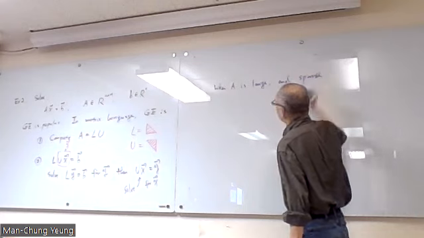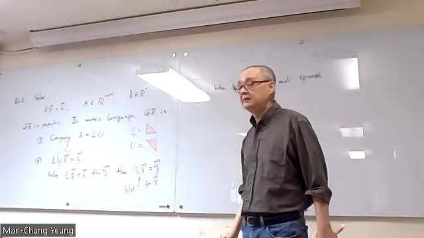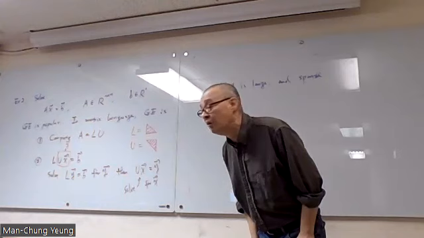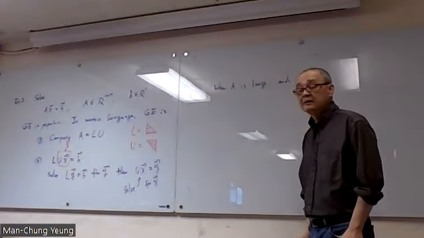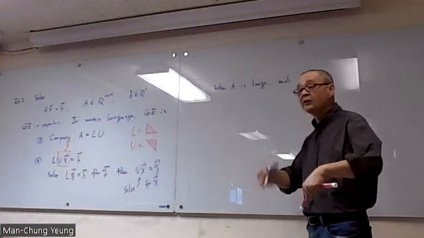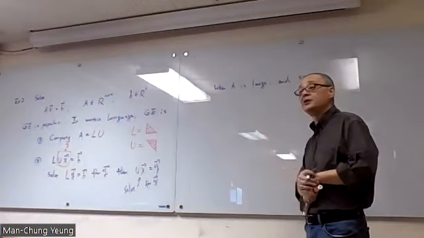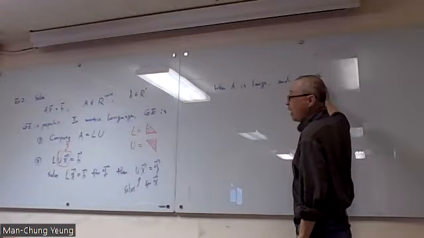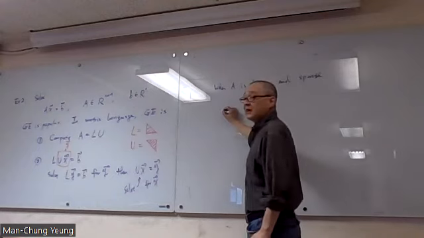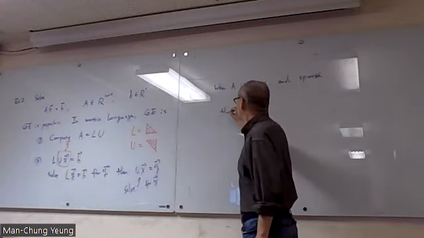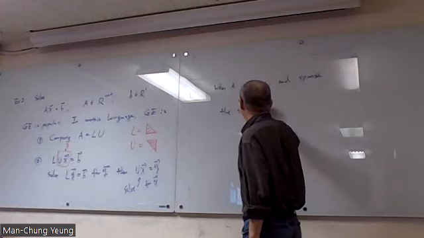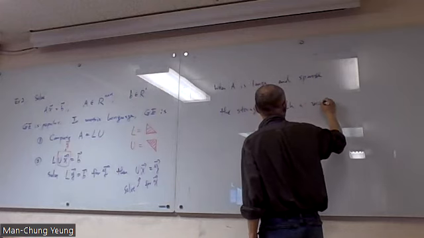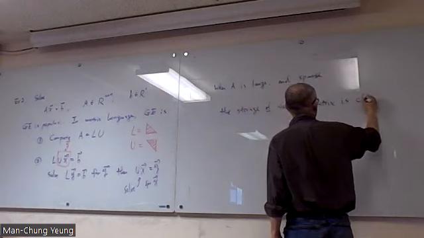When A is large and sparse, what does sparse mean? Most of the entries are zero. If most of the entries are non-zero, then we call the matrix a dense matrix. When matrix A is large and sparse, the storage of such a matrix A is cheap.